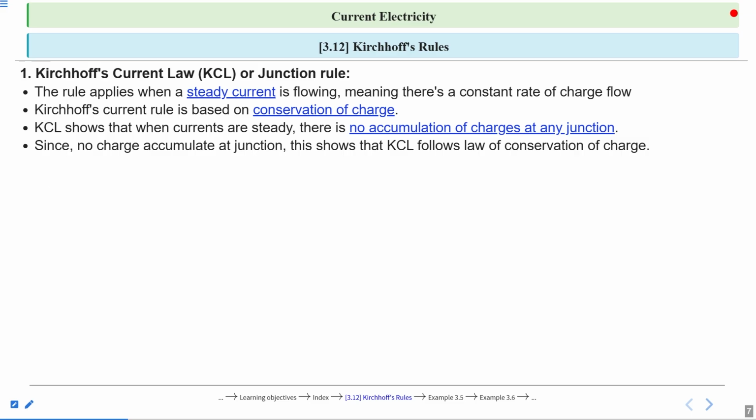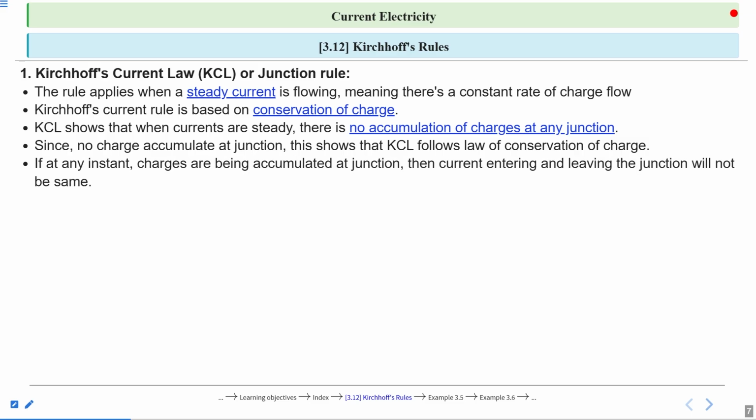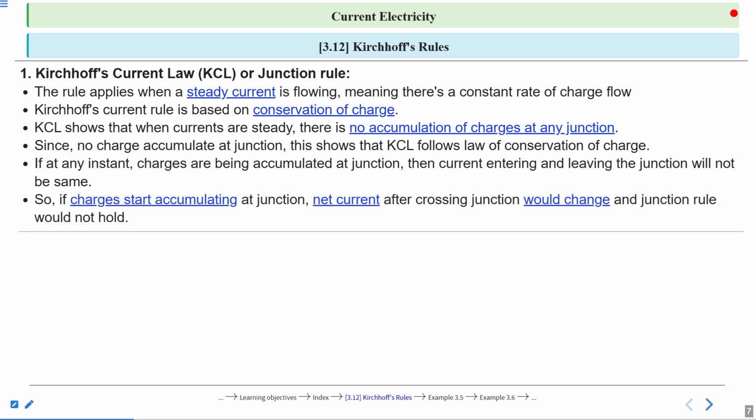If at any instant charges are being accumulated at the junction, then the current entering and leaving the junction will not be the same, or the amount of charges entering and leaving the junction for a given time interval will not be the same.